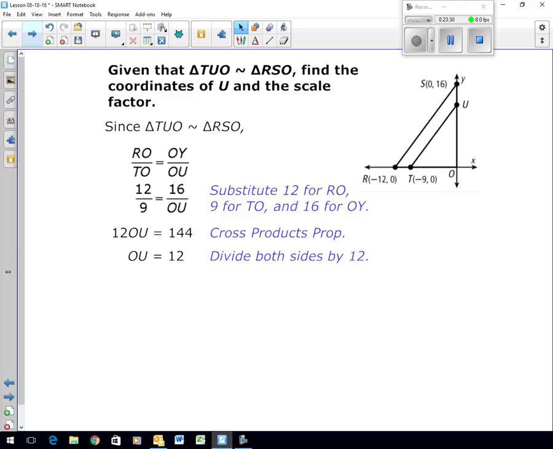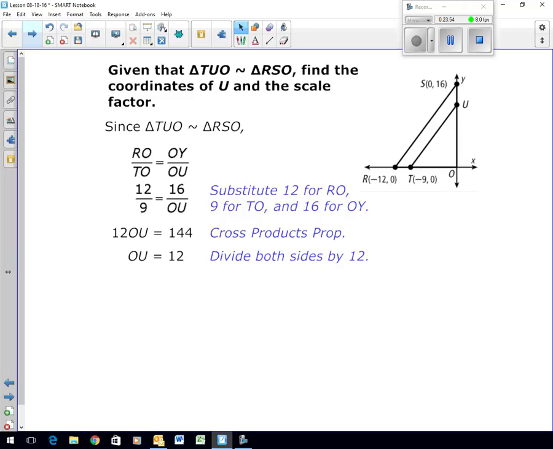It tells me that these two triangles, TUO and RSO, are similar. Similar triangles have corresponding angles that are congruent, corresponding sides that are proportional.